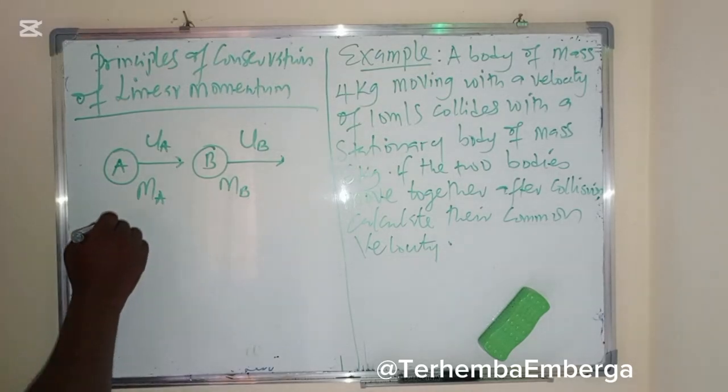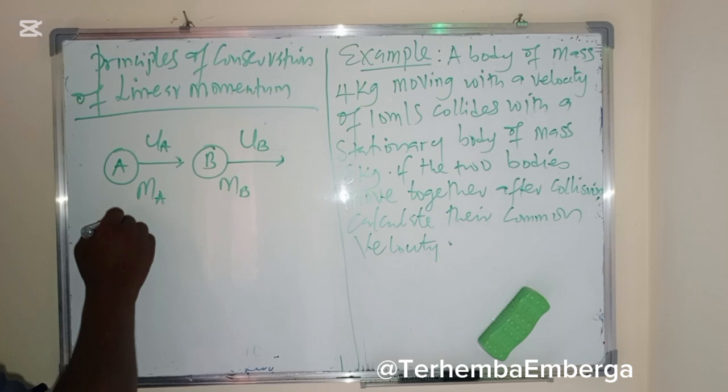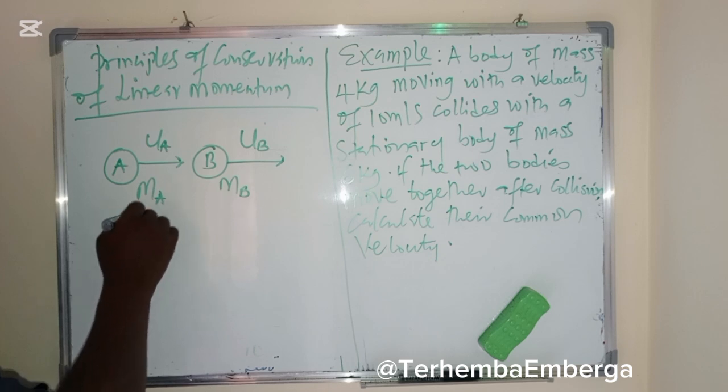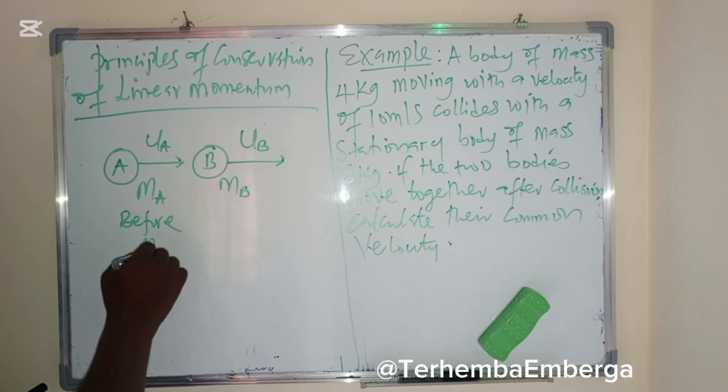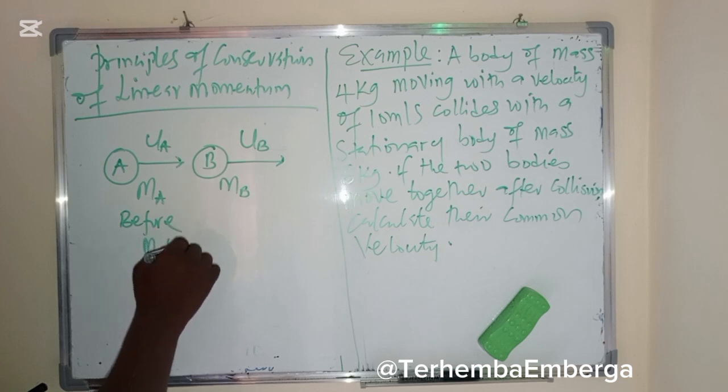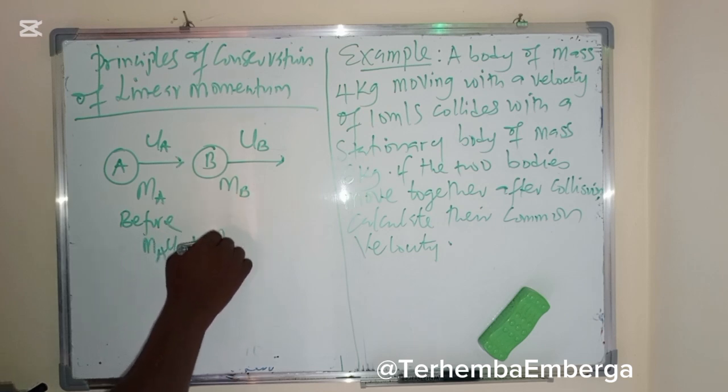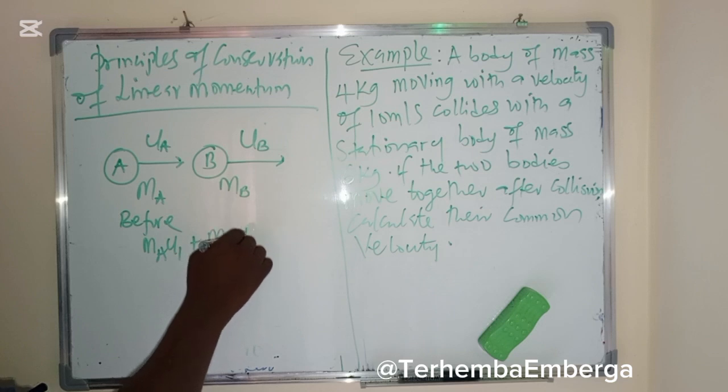So the momentum before collision will be MA UA plus MB UB.